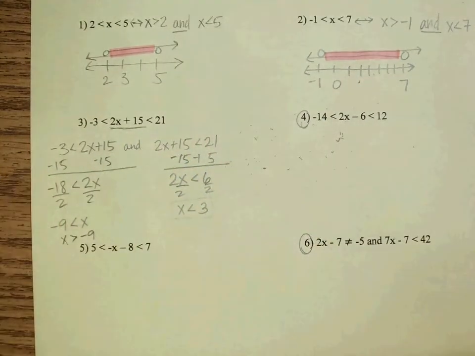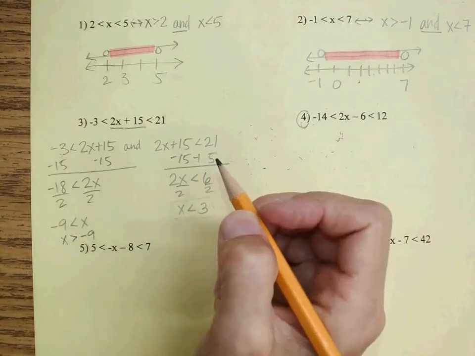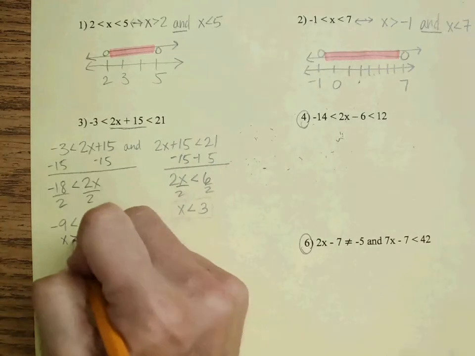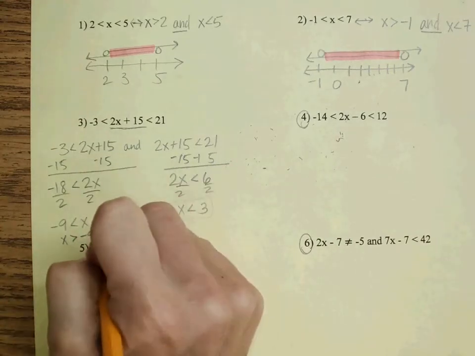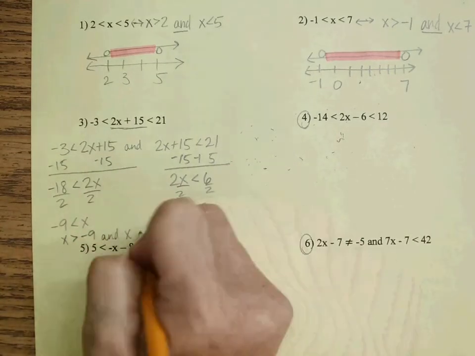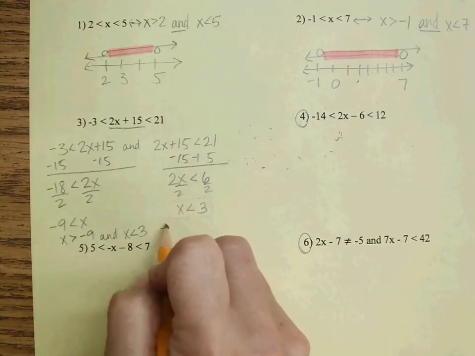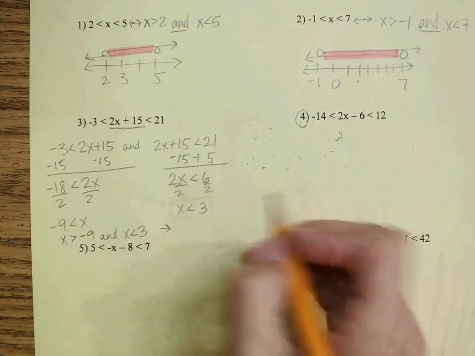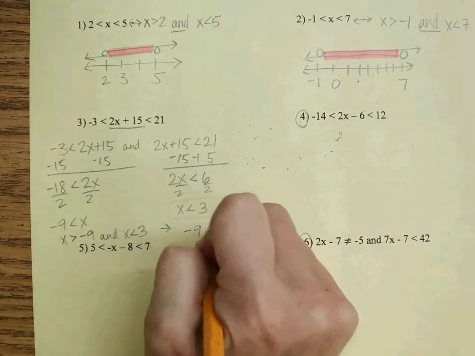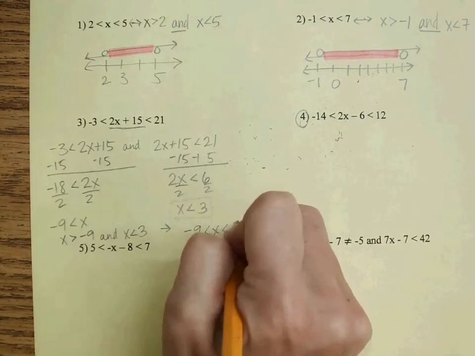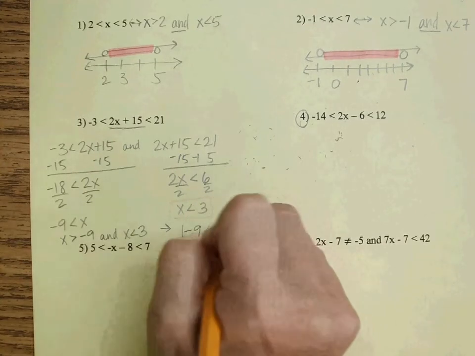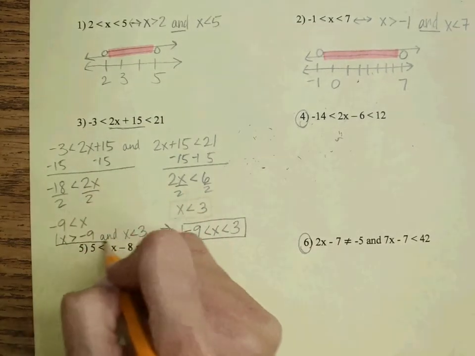I think my ladybug got messed with, and it's tilted off. So the way that we're going to rewrite this is x is greater than -9 and x is less than 3. This is one way that you can write it, or you can write it the way that it started, where we have -9 is less than x, which is less than 3. Either way you write it is acceptable.